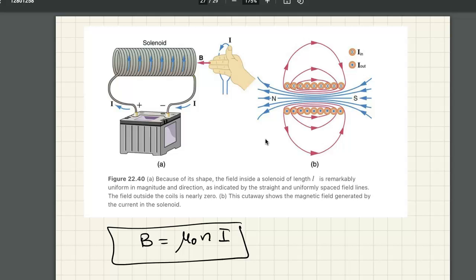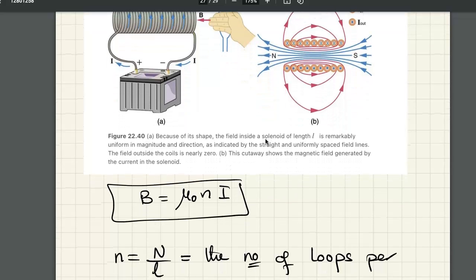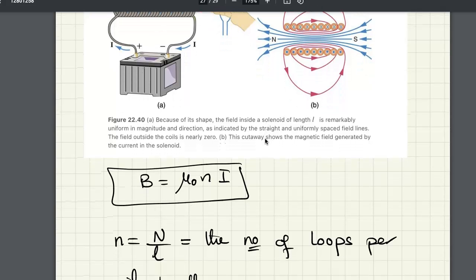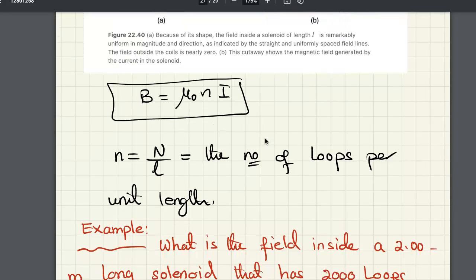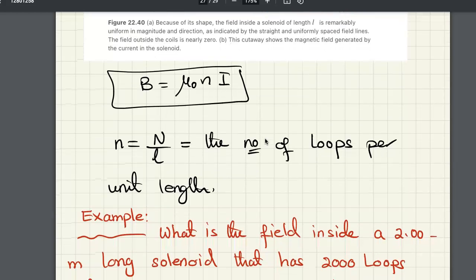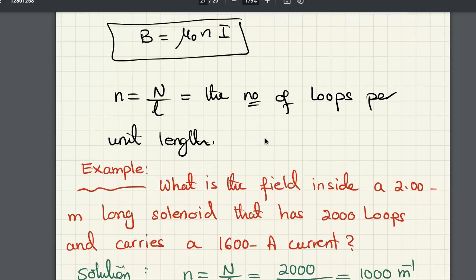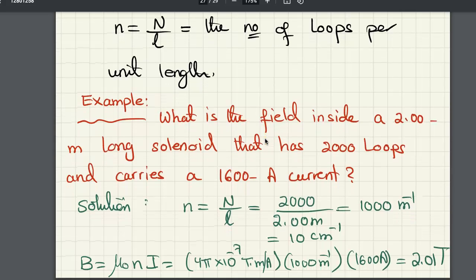You divide the total number of loops by the length of the solenoid. So n, it is uppercase N divided by L, the number of loops per unit length.